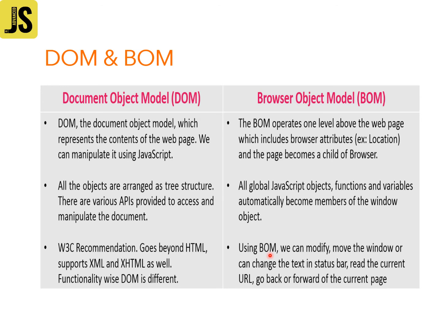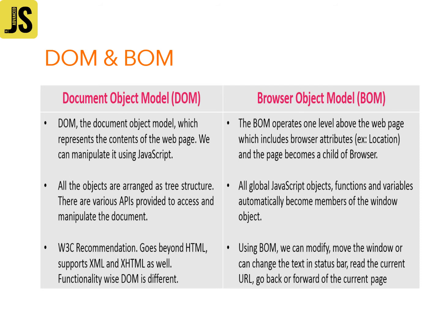Using the BOM, we can modify or move the window, change the text in the status bar, read the current URL, and go back or forward from the current page. We can change the contents in the status bar.